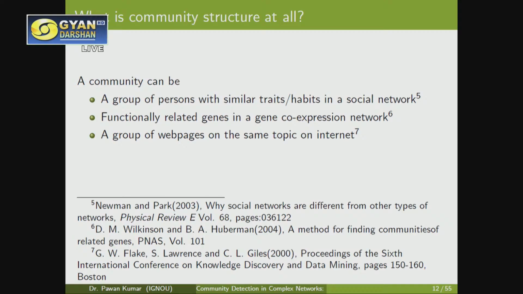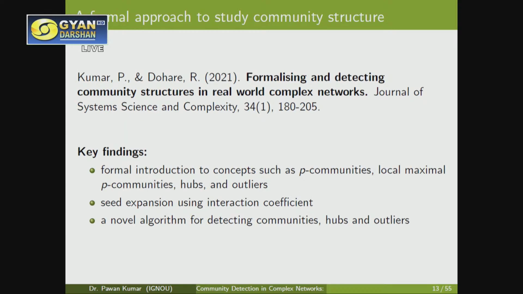On the other hand, in a gene co-expression network, the community structure could be functionally related genes. And if you look at the internet, a community on that network is a group of web pages on the same or similar topic. Likewise, there are many ways you can define community structure.